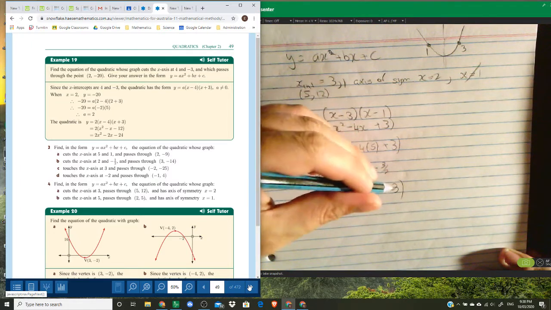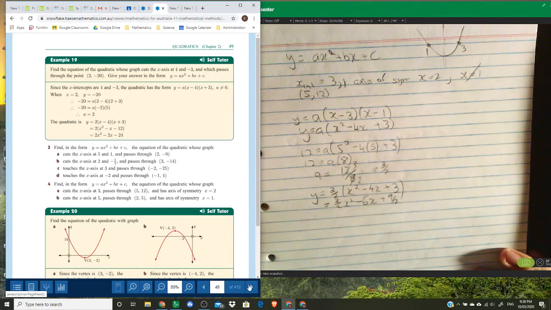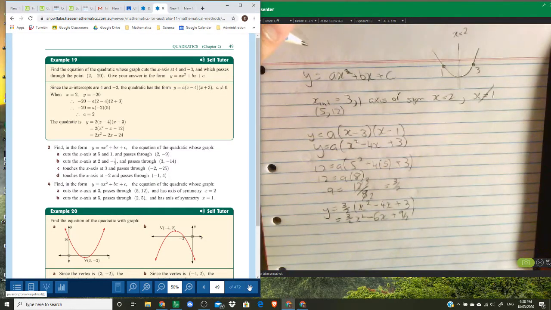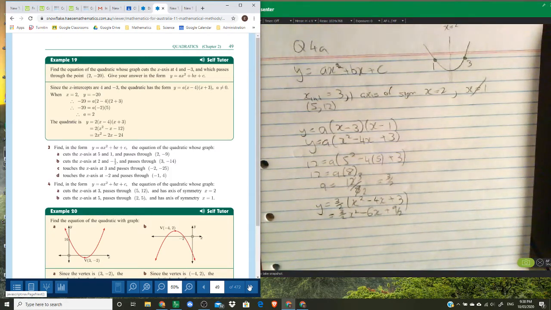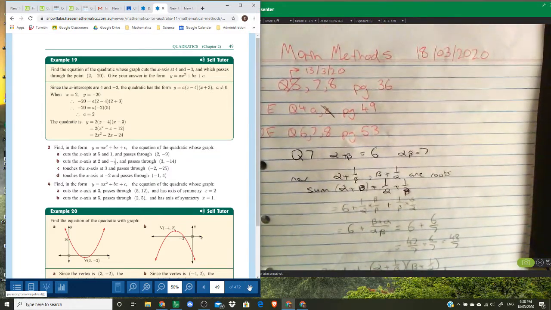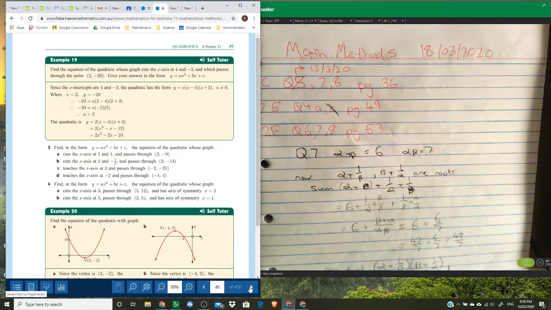And then 3 halves times 3 is 9 halves. And I've written in the form that they want. So that was for A. Put that up there. Let's go back to our list. All right. So let's go to page 53.